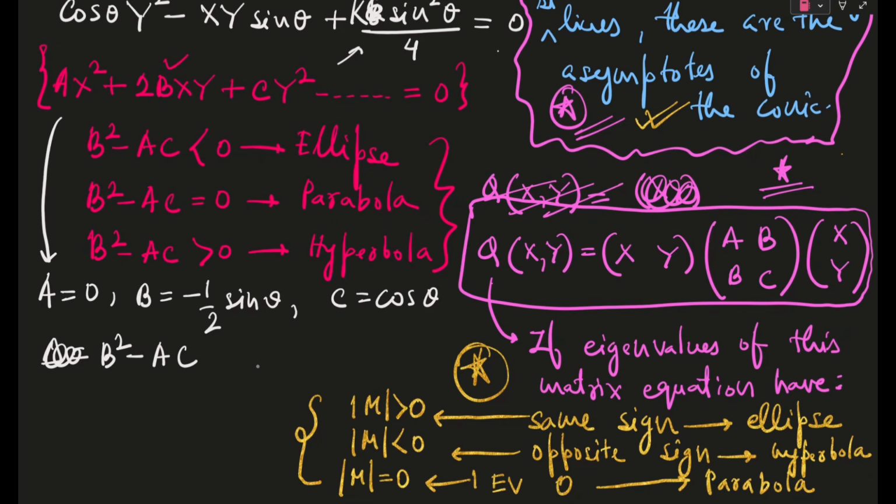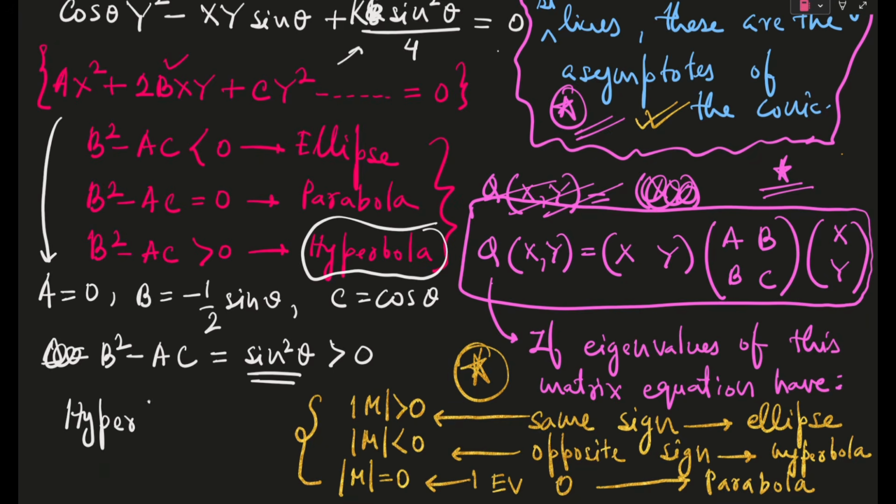Then it will come out to be equal to sine square theta, which is obviously positive. So if it is positive, then hyperbola is your answer. So our curve will be a hyperbola.